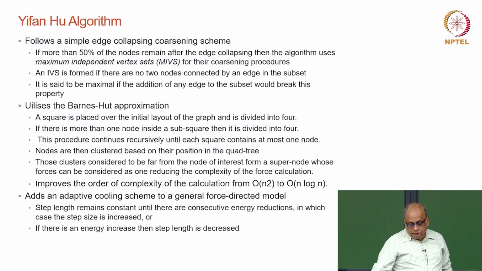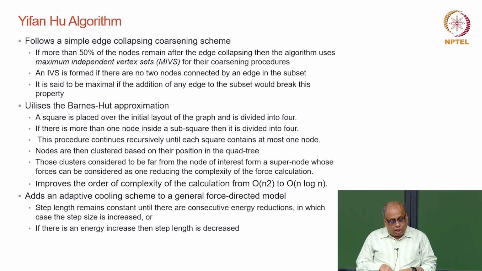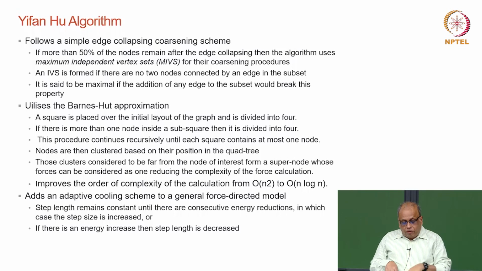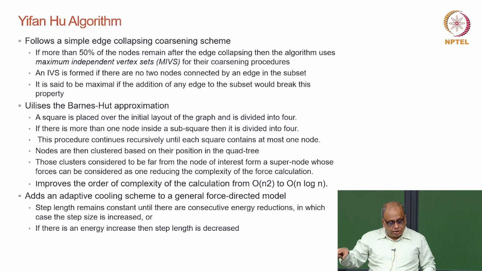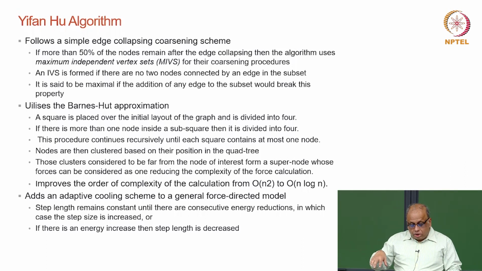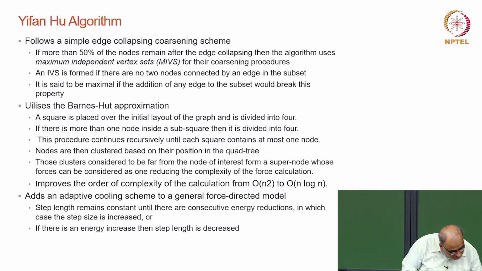So what does the Barnes-Hut approximation do? They place a square over the initial layout of the graph and divide it into 4 parts. If there is more than one node inside each subsquare, they divide it into 4 more again. So I want to show it.